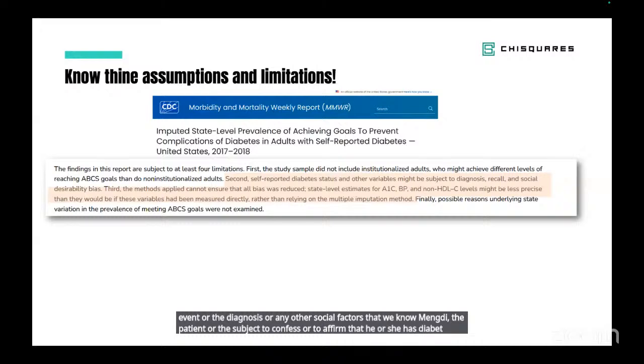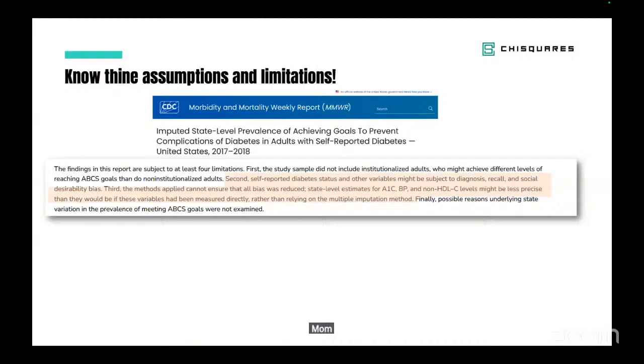So this already contradicts MAR, because the subject or the data point could be implicated or is implicated in the missingness of that data.